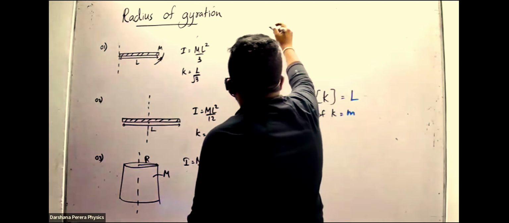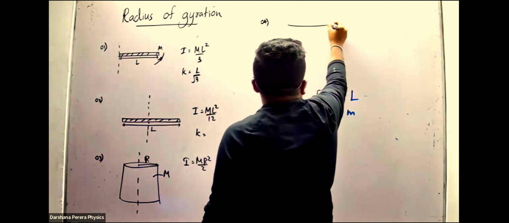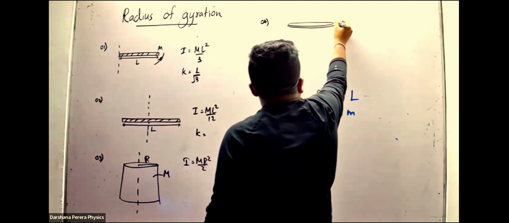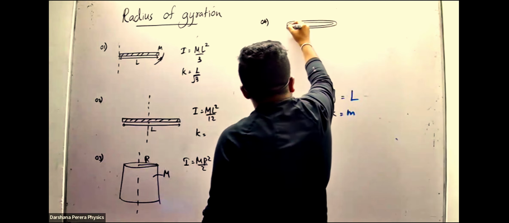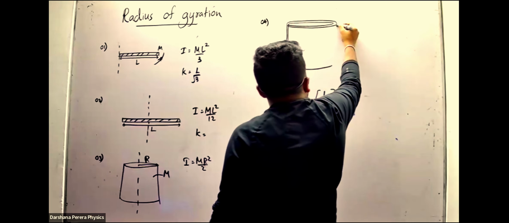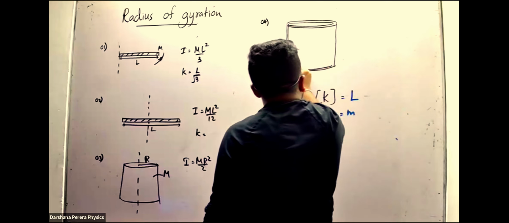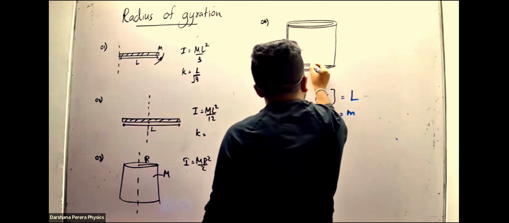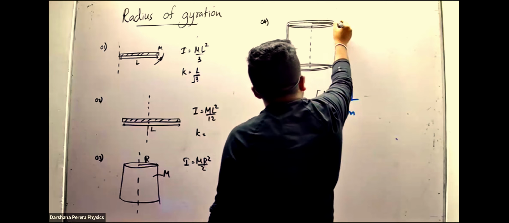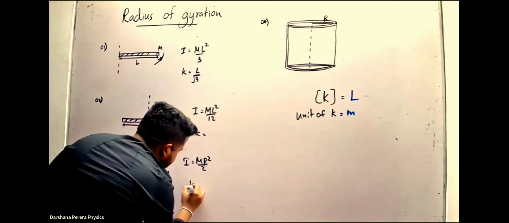Number 4, hollow cylinder. Find out the K values.